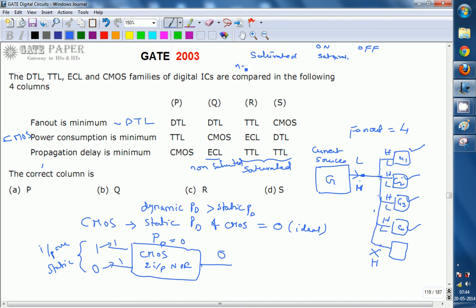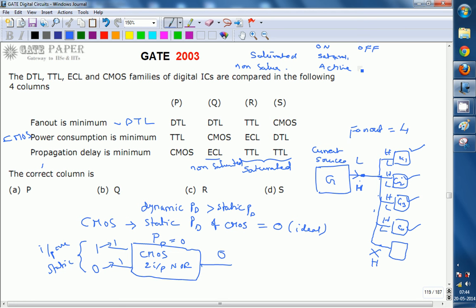And if it is a non-saturated family, the transistor will go into the active region. If, whenever in the on condition, the transistor is going into saturation, it is called a saturation logic family. If the transistor is going into the active region whenever it is in the on state, it is called a non-saturated logic family.